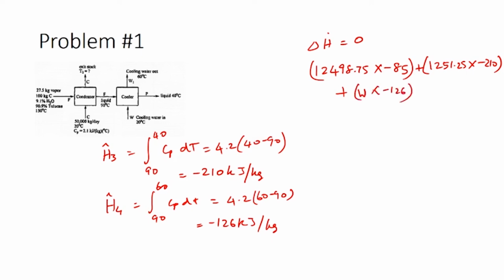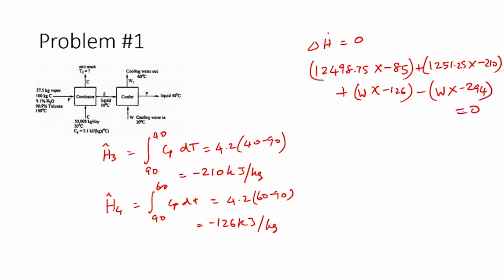These are the enthalpies for the outlet stream, and for the inlet stream you only have the cooling water entering, which would be minus W times minus 294, and this is equal to 0.